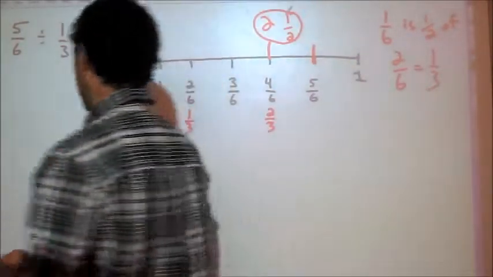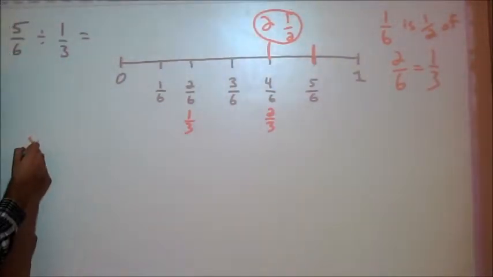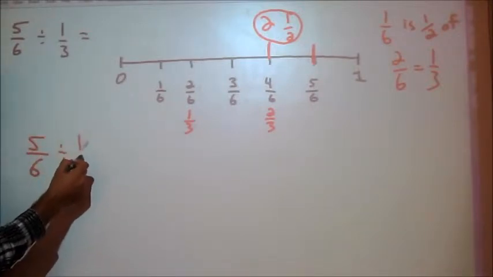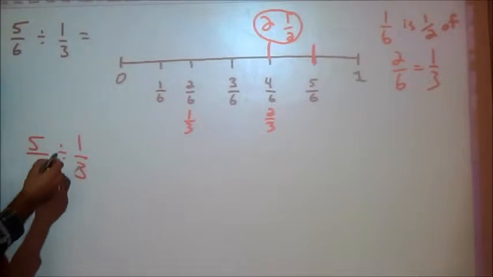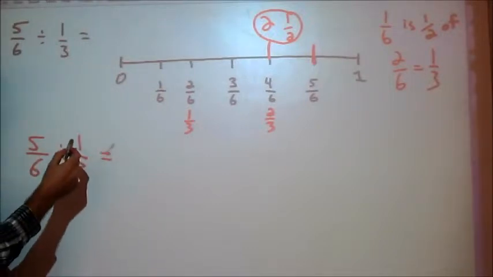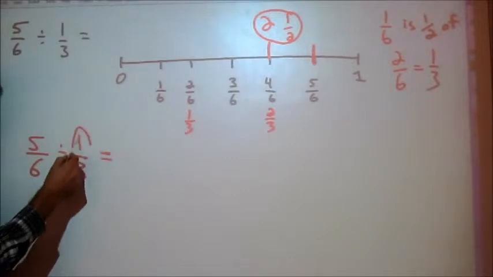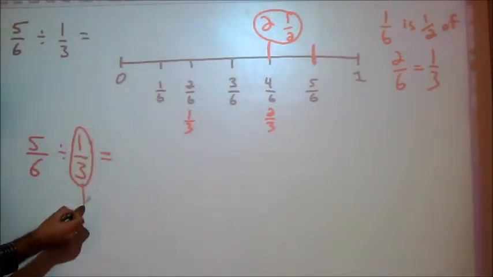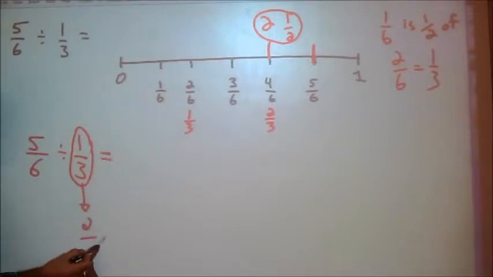One is by using a method where you use the common denominator of the two fractions to help you. So 5/6 divided by 1/3. We know already from this problem that 1/3 and 2/6 are equivalent fractions.